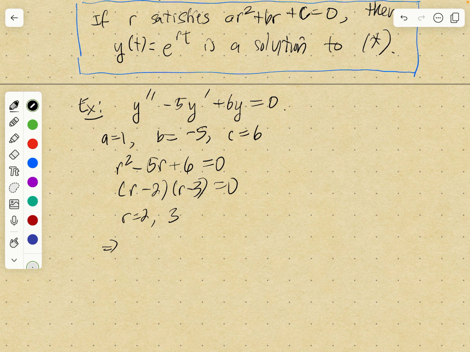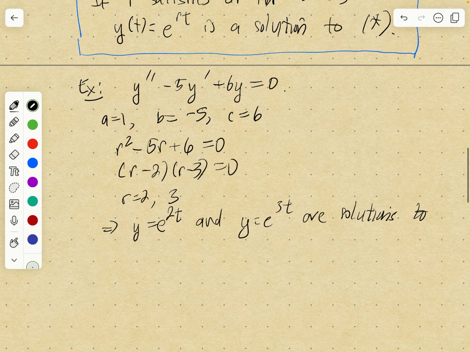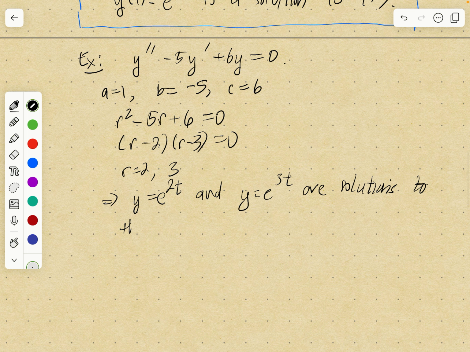So therefore, y equals e to the 2t and y equals e to the 3t are solutions to the differential equation that we're trying to solve. And so now we have two linearly independent solutions.